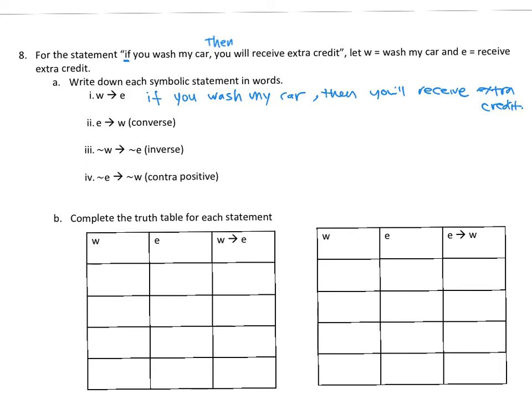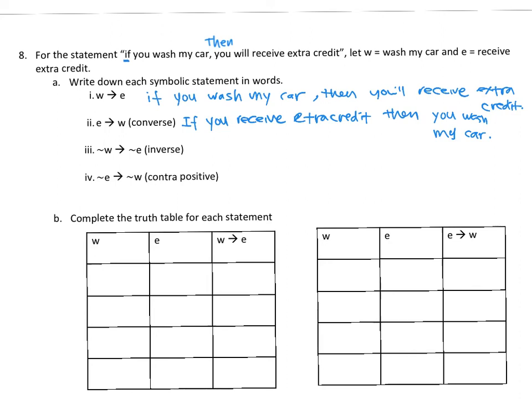Okay, let's look at the other one. Notice that E is now the first, the antecedent, and then W is the consequent. So we're kind of opposite. So here I can interpret this as, if you receive extra credit, then you wash my car. I think this question makes more sense if you interpret it like this: if you receive the extra credit, then you must have washed my car, right?